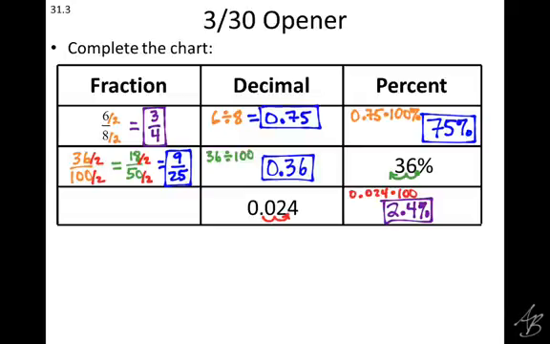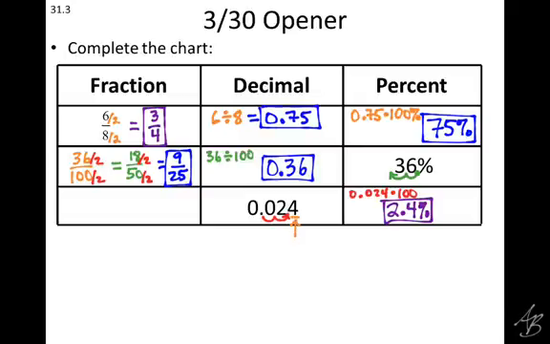The other way, this is a little trickier. We have 0.024 that we want to change to a fraction. So what am I going to have to do first to find the fraction? What do I need to know about the numbers in this? So we need to find the place value of the 4, the last digit in this number. What is the place value of that 4?